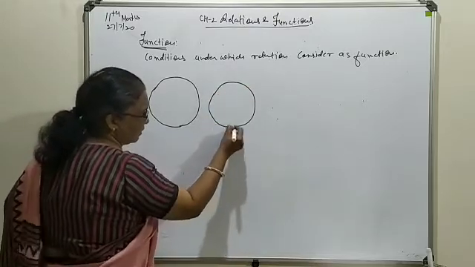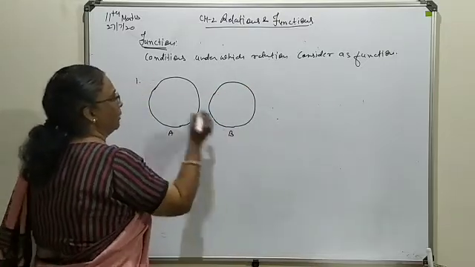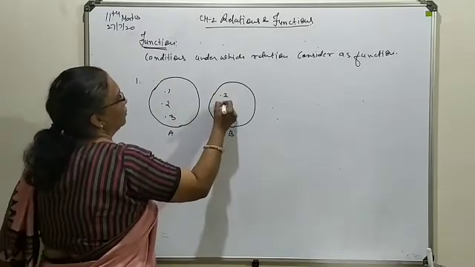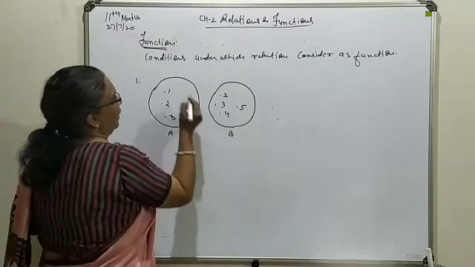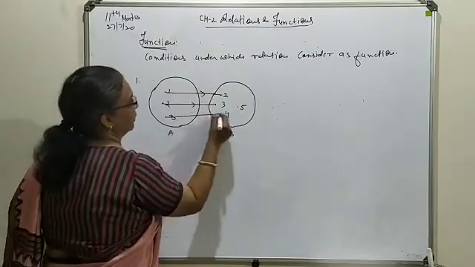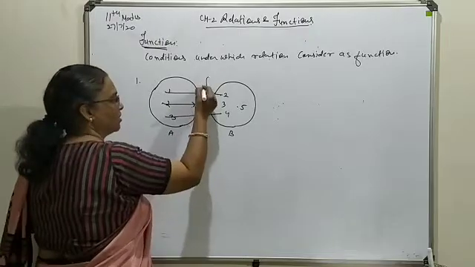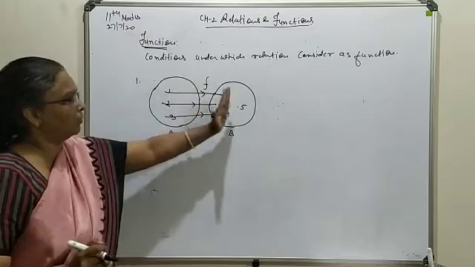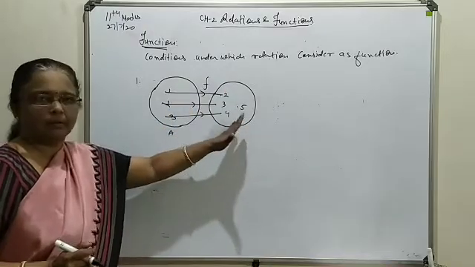As in the last case we have sets A and B, with A as 1 2 3 and B as 2 3 4 5. 1 was related with 2, 2 was related with 3, 3 was related with 4. So this is called mapping, meaning these are mapped to set B and forming an image.